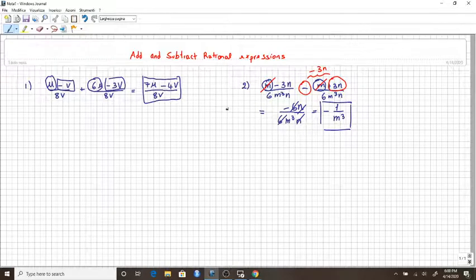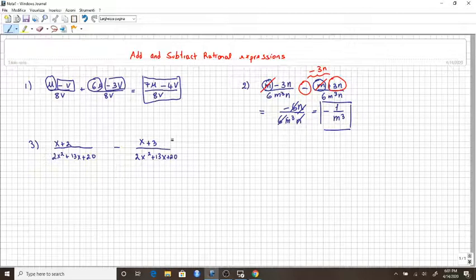Okay, let me show you another example with a common denominator. So let's call this number 3. Let's assume we want to subtract these two expressions: x plus 2 divided by 2x squared plus 13x plus 20, minus x plus 3 divided by 2x squared plus 13x plus 20.